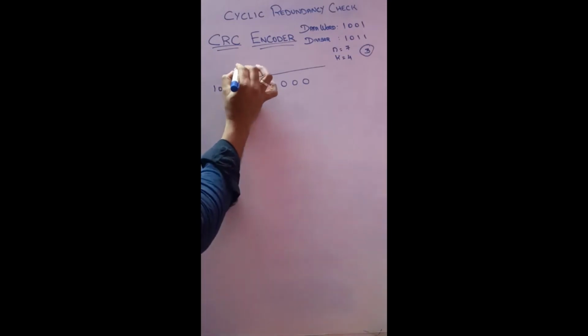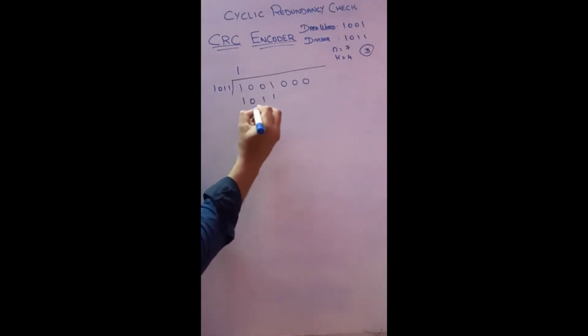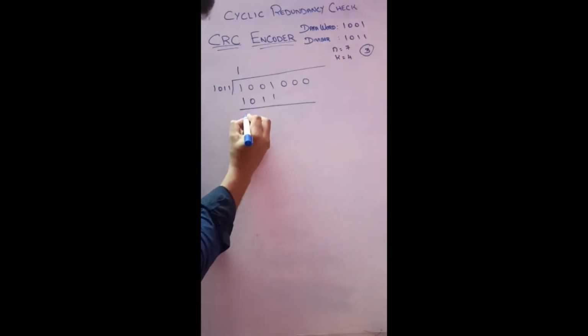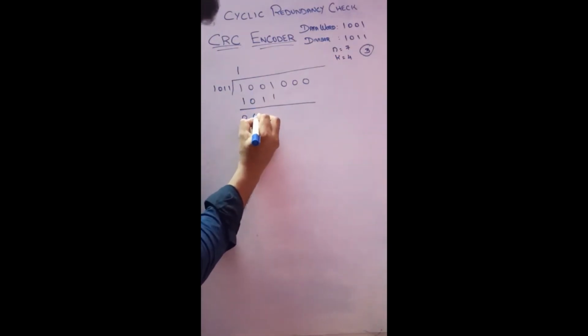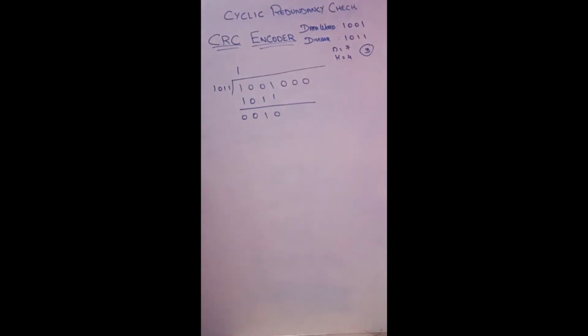So 1 times 1011 is 1011. Now this bit is 0, this one is 1, and this one is again 0. You are not supposed to use the leading bit; you can remove it and look at the very first bit, the most significant bit.